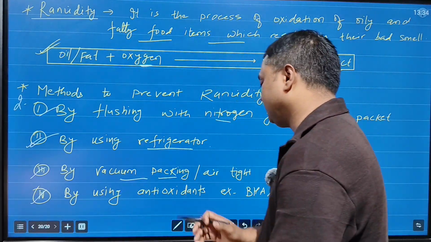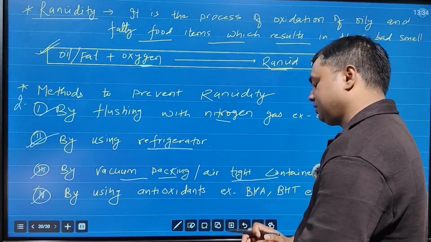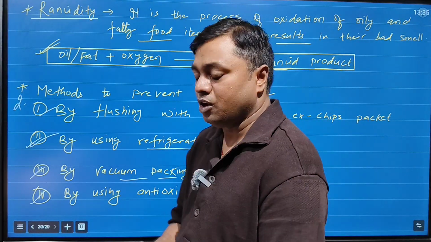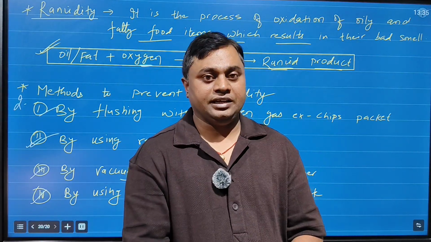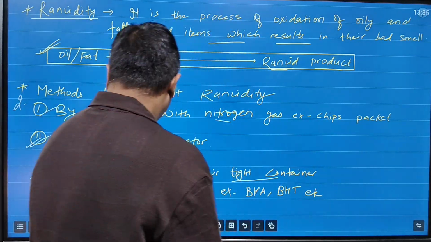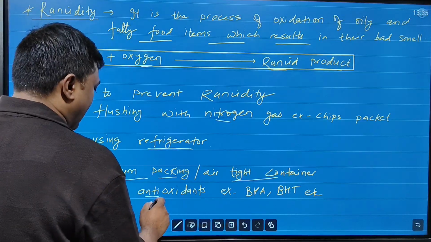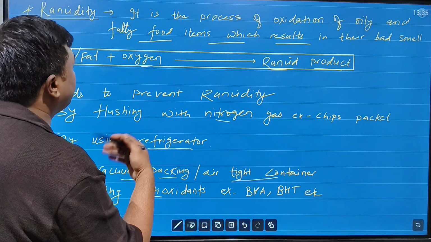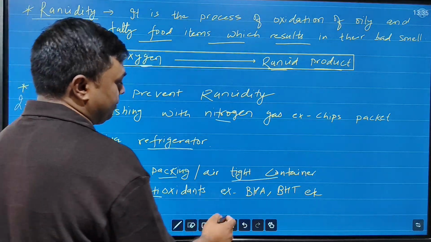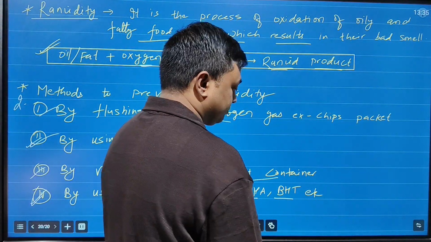Next, by vacuum packing or airtight containers. Whenever oil or ghee is packed, it is packed in an airtight container. Next is by using antioxidants, chemicals like BHA, BHT, with the help of which we prevent rancidity.